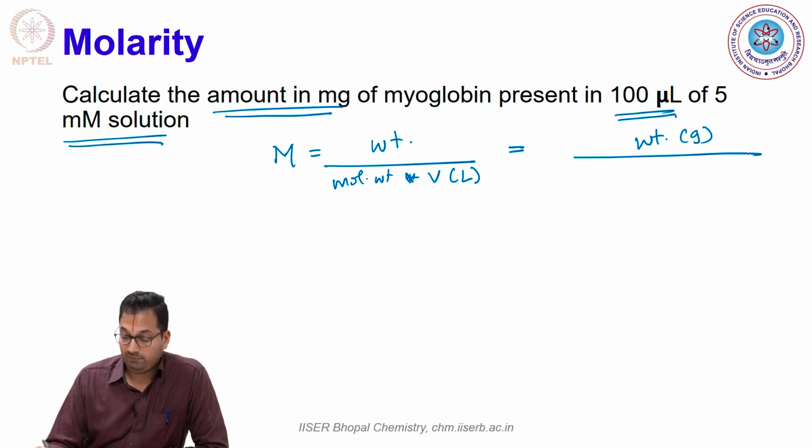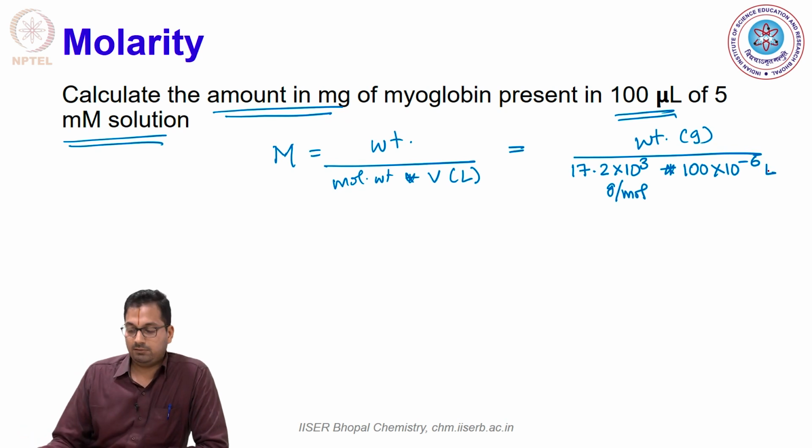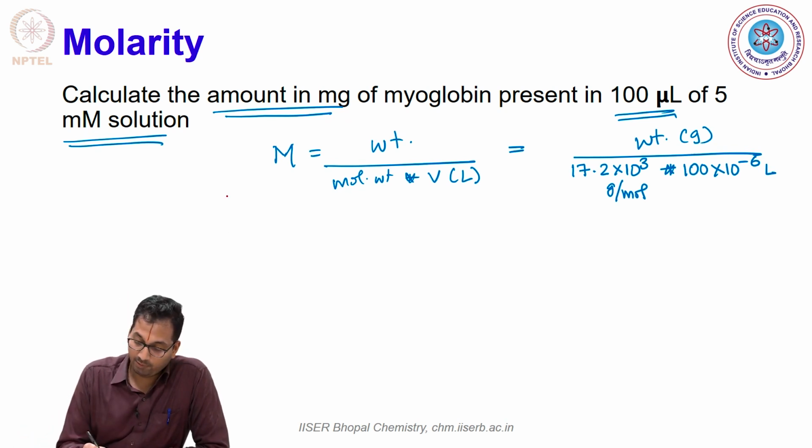What is the molecular weight? We just learnt it is 17.2 times 10 to the power of 3 grams per mole, times volume of solution in liters. It's 100 microliters. So therefore, the way to determine how much weight is present, and remember the left hand side is 5 millimolar.